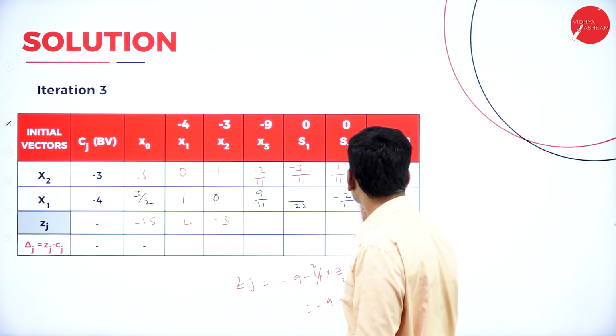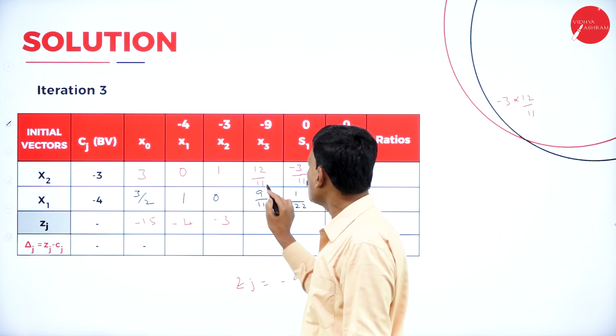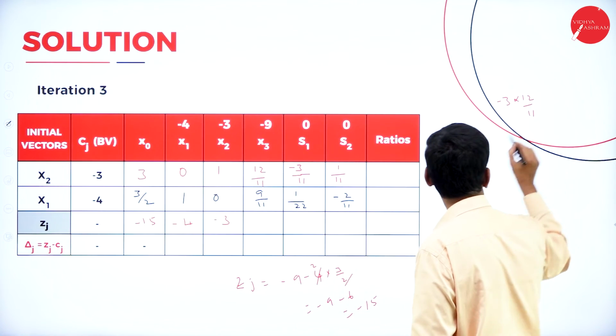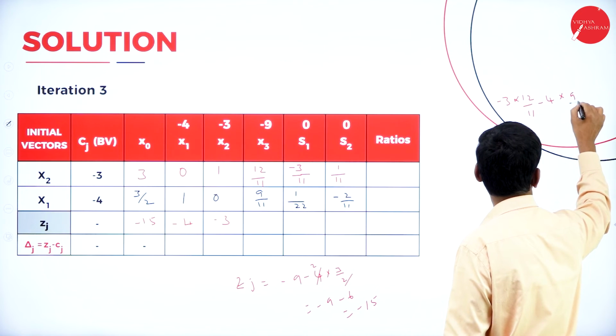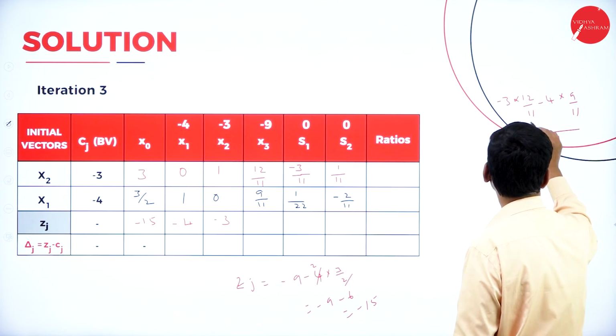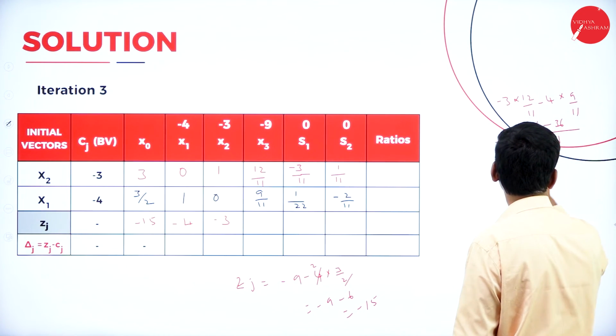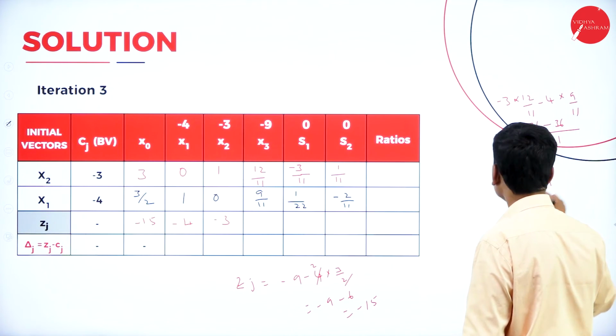Again, minus 3 into 12 by 11, minus 4 into 9 by 11. Take LCM, 11 is the LCM, minus 36, minus 36. So, this is equal to minus 72 by 11.